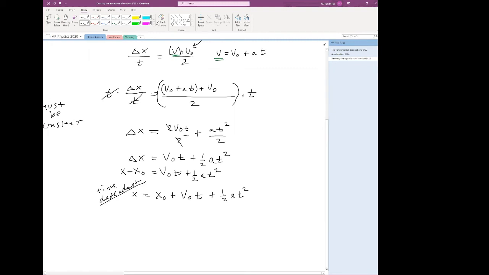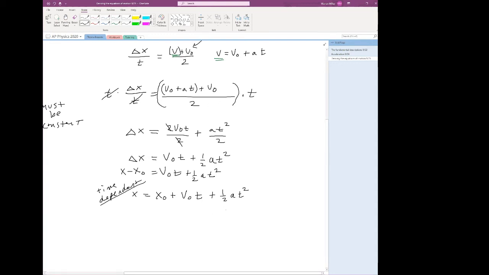Typically, if you're given a time frame, that's where this becomes really useful because there's a time term in most things in the problem. And in fact, this becomes a quadratic. Sometimes you'll have to solve the quadratic to locate where you are. We'll see in projectile motion in the future how the quadratic equation will come back to haunt us.